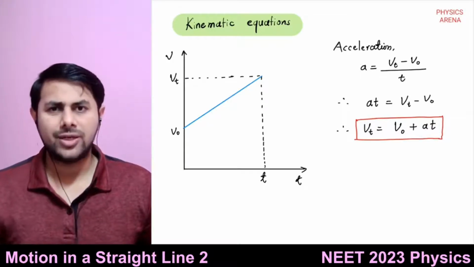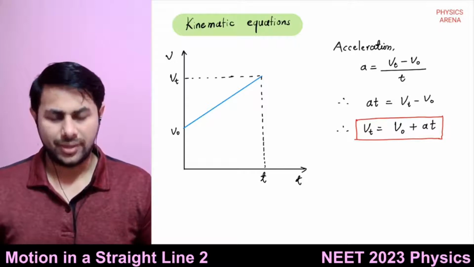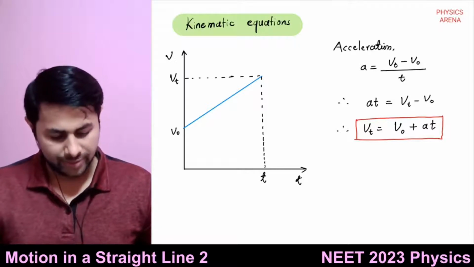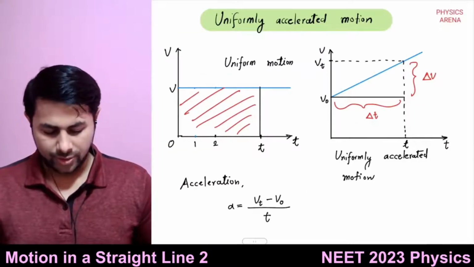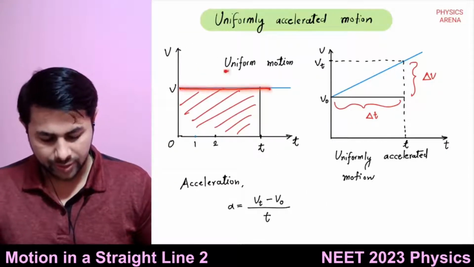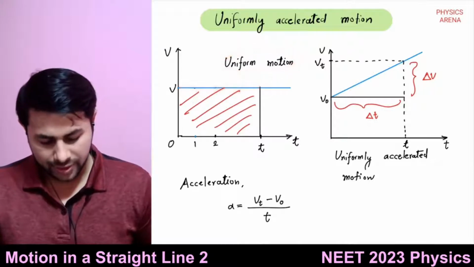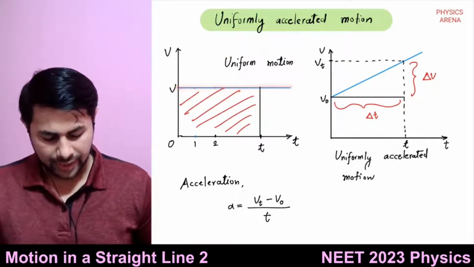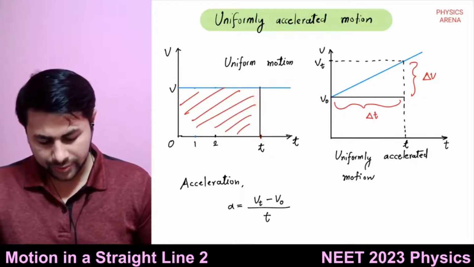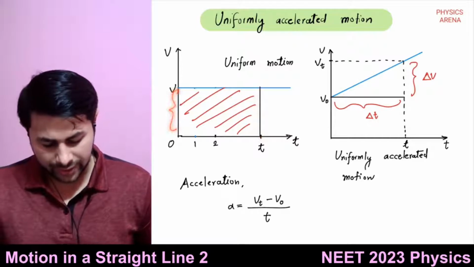The next equation will give you the displacement. What is displacement? Displacement is the area under the velocity versus time curve. If you see here in uniform motion, this is your velocity, which is constant, and if you take some time t, then this is velocity and this is time.